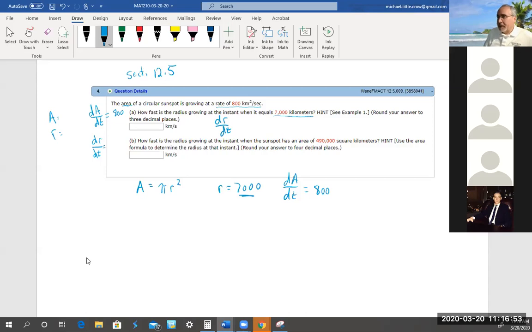So let's start there, taking the derivative of this relationship. The derivative of A is dA/dt, the derivative of A with respect to t. Over here, pi is a constant, so it stays pi. The derivative of r squared is 2r dr/dt.